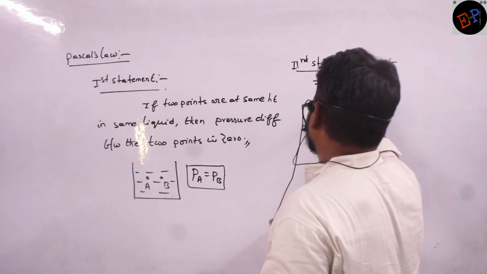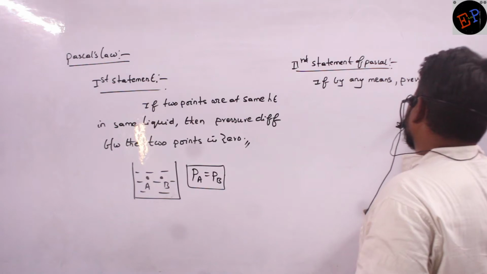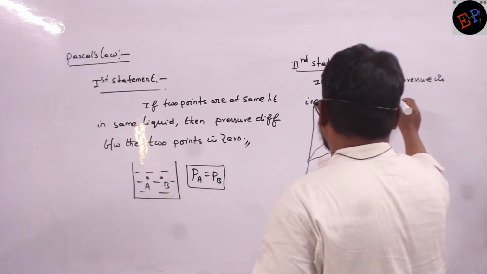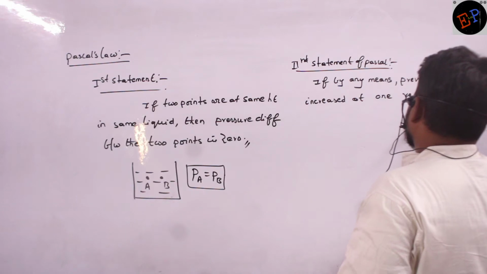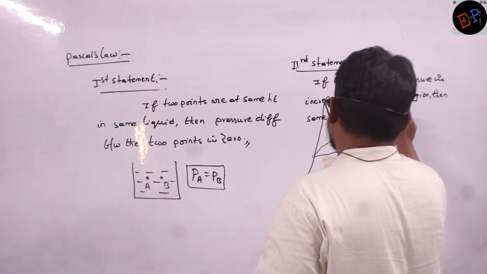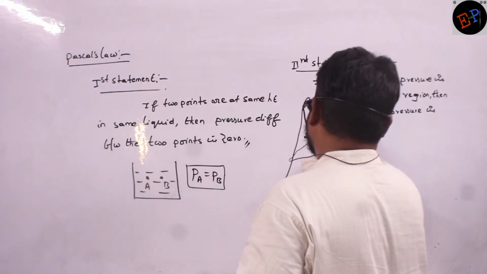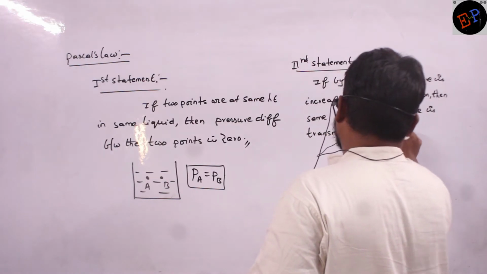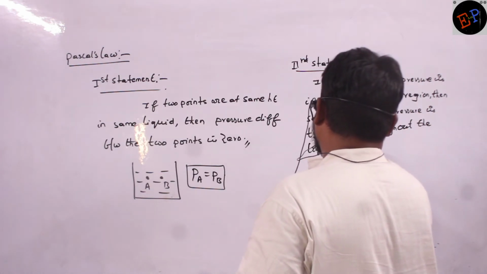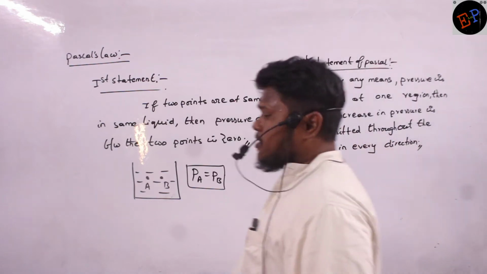If by any means pressure is increased at one region, then the same increase in pressure is transmitted throughout the liquid in every direction. So this is called the second statement of Pascal.